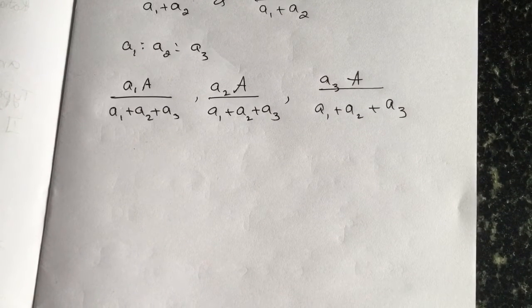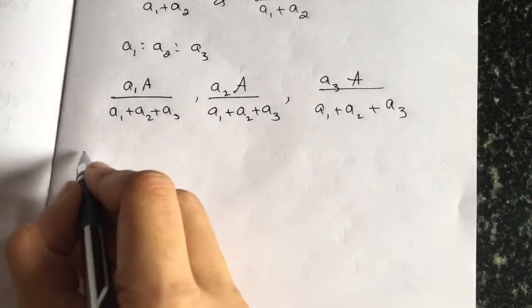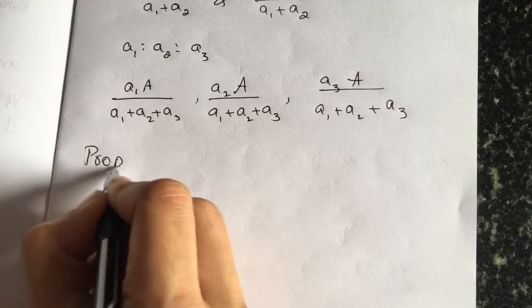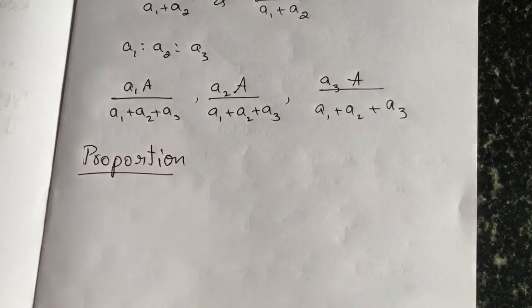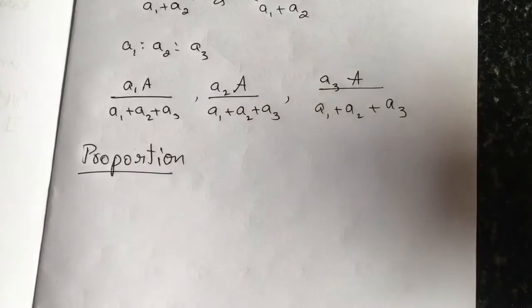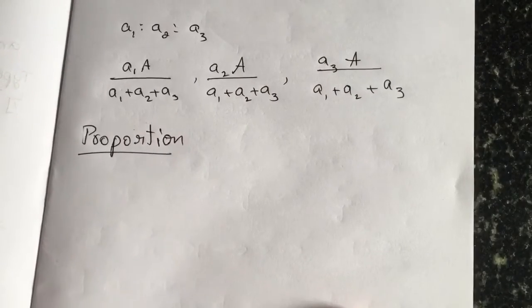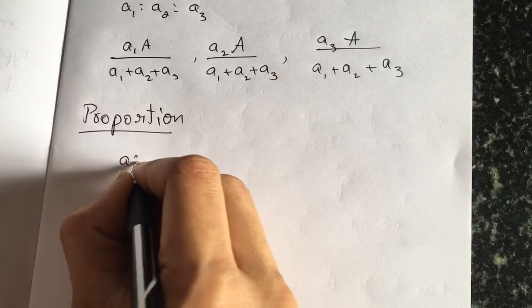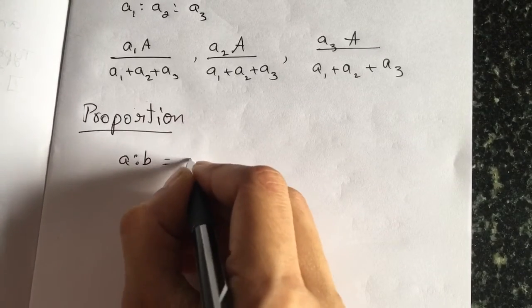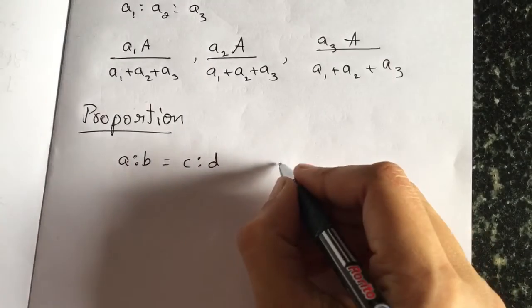Proportion is nothing but equality of two ratios. Suppose A is to B is the same as C is to D, then we say that they are in proportion.